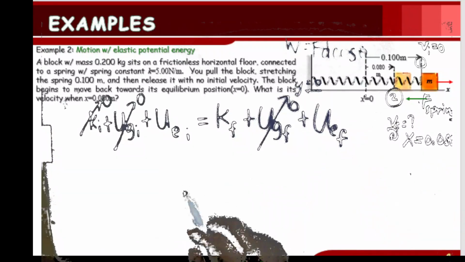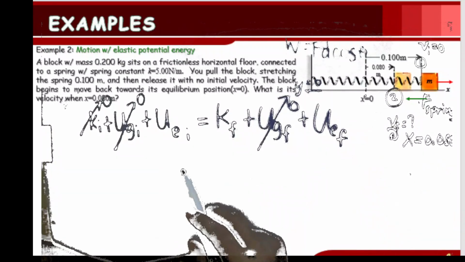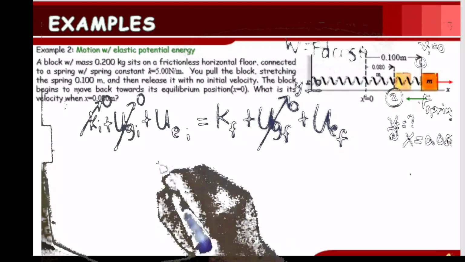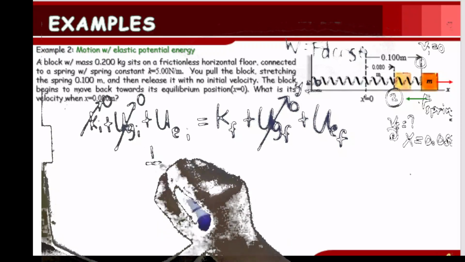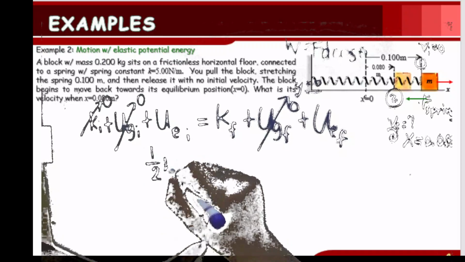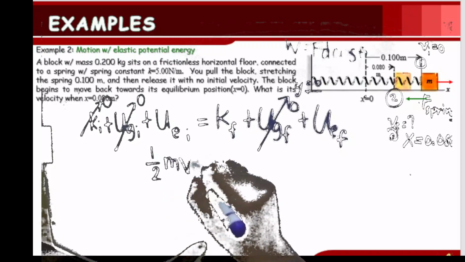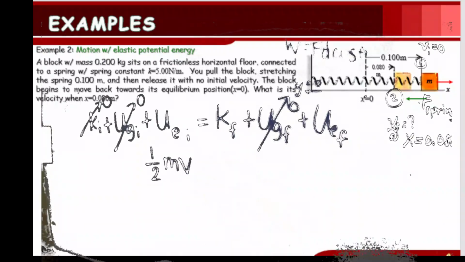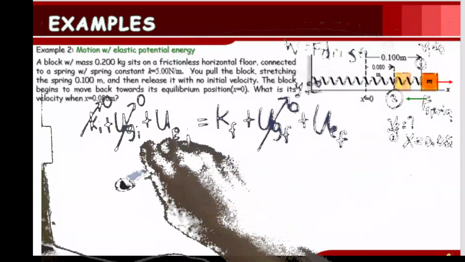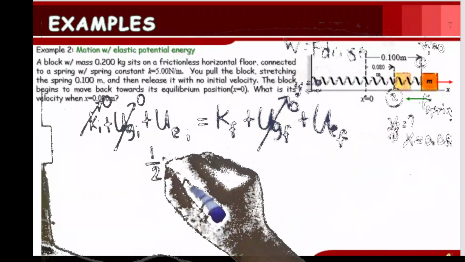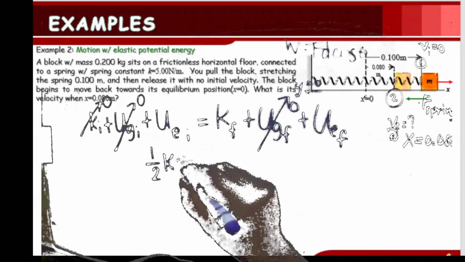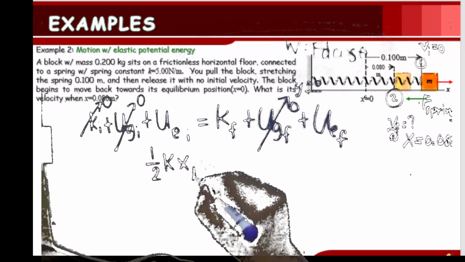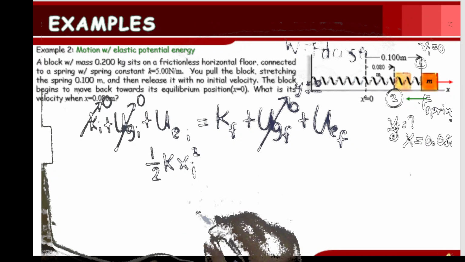Okay. Now, let's try to substitute its expressions. For elastic potential energy, we have 1 half k x initial squared.